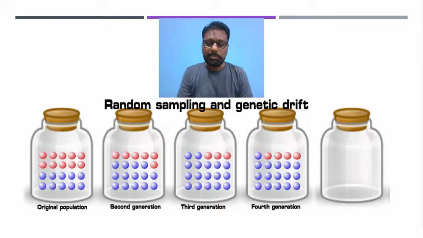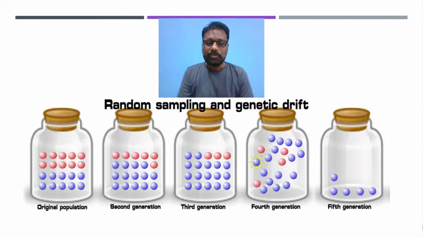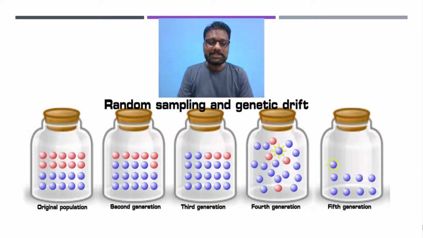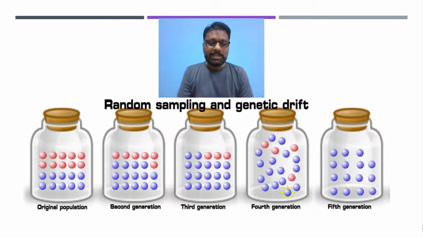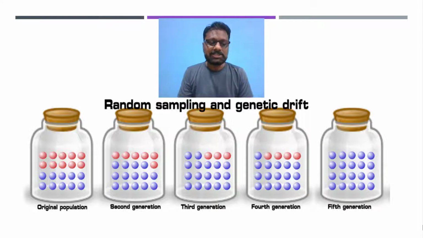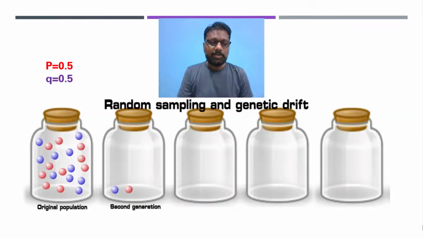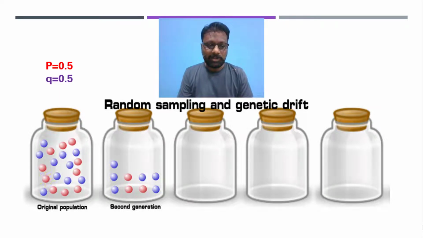Initially the original population gene pool consists of 10 red alleles and 10 blue alleles, so the p value and q value are equal: p is 0.5 and q is 0.5.